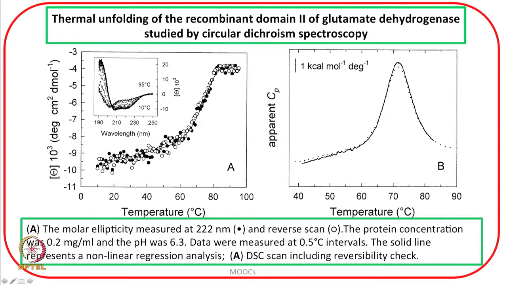When you compare it with differential scanning calorimetry, where reversibility is also checked by heating and reheating, the thermal transition temperatures obtained by both techniques are almost the same. So, this example also demonstrates that circular dichroism spectroscopy can easily be used to derive the thermodynamic parameters associated with the thermal unfolding process.